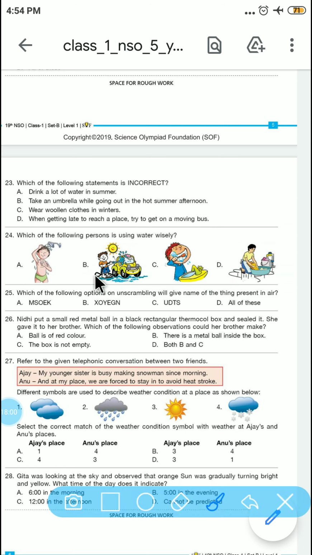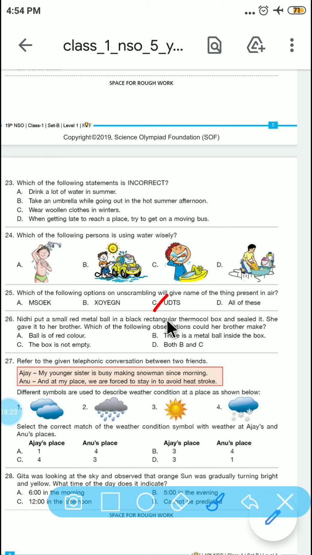Now 25th question. Which of the following options on unscrambling will give the name of the things present in air? If we match it, then all of these are present in air.